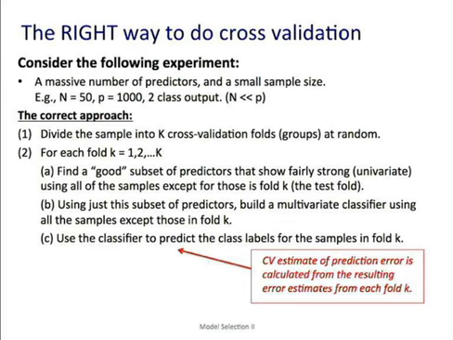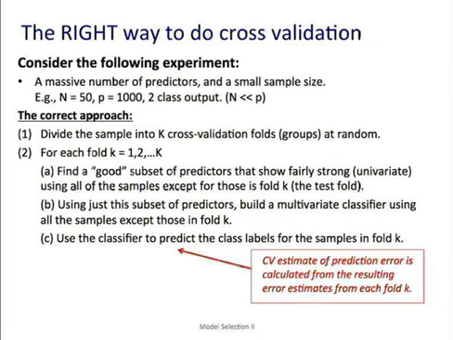Okay, this is the right way. So let's talk about the right and wrong way. The same exact problem. The first step is to divide the sample into k folds for cross-validation at random. Now for each fold, there are lots of ways to do this.